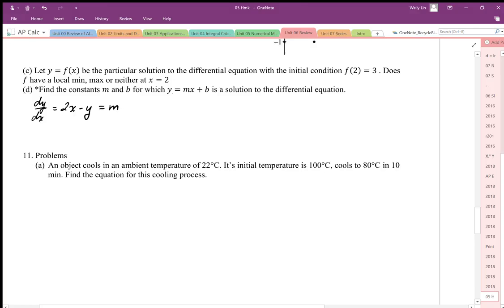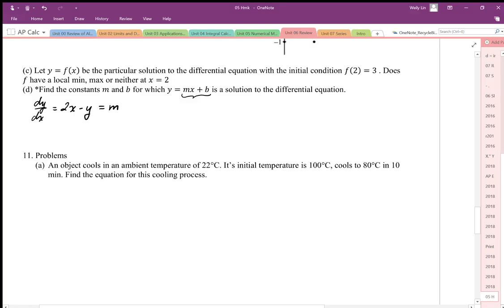But we also have to remember that this is the solution to the differential equation. So y equals mx plus b represents the output when the input is x. So what we can also do is replace the y with mx plus b in any parts of the equation.